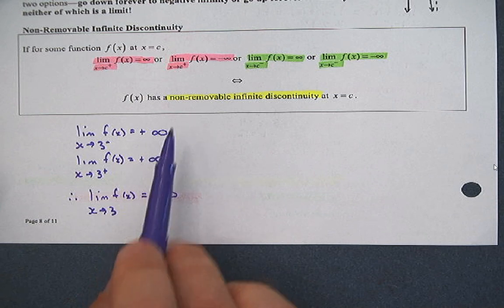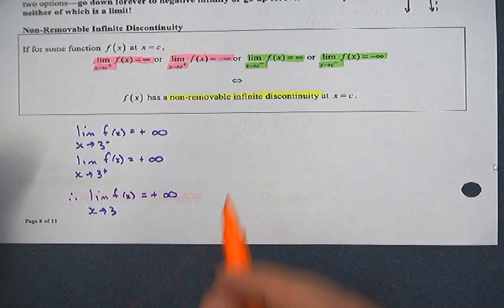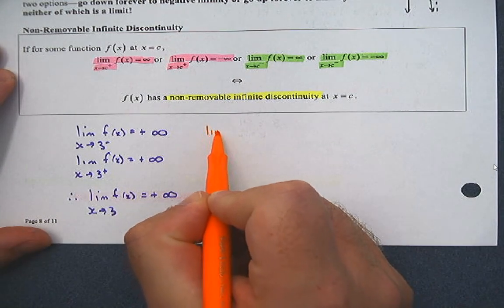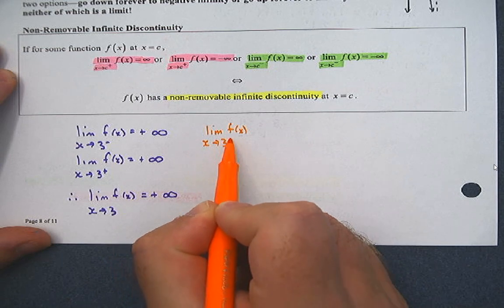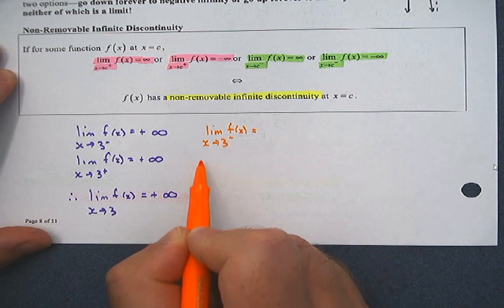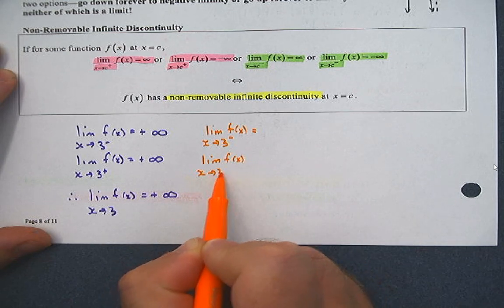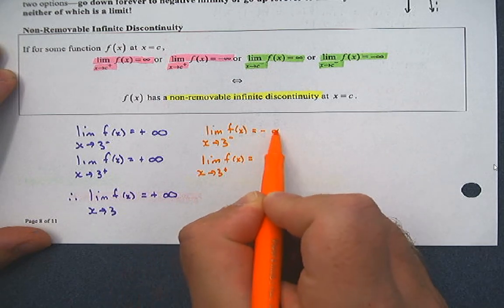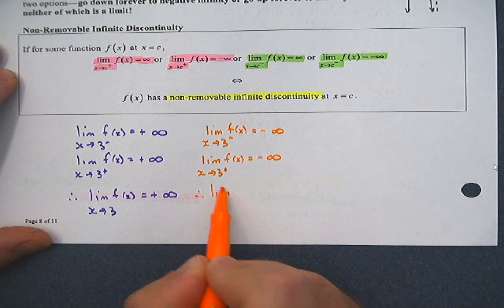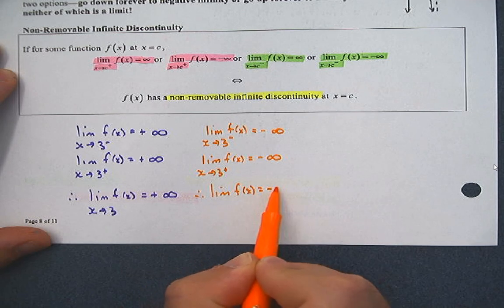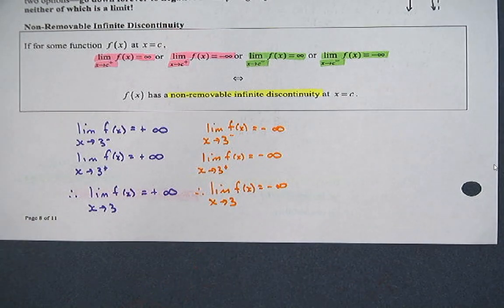But if both of the limits are headed to the same place, we would say that that limit exists, and that limit is infinite. If they both are headed towards negative infinity, then I would have an overall limit of negative infinity as x approaches 3 from both sides.